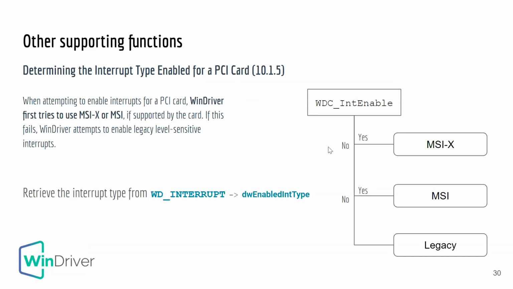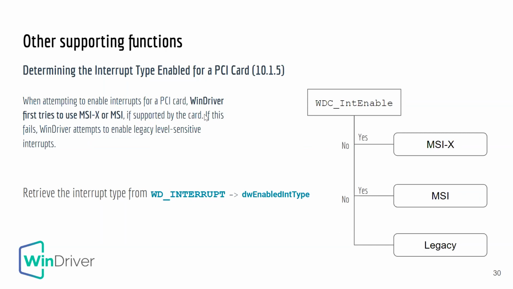So how does WinDriver know which interrupt type it should work with? WinDriver iterates between different types of interrupts. It first tries MSI-X, then MSI, and then legacy. If they are supported by the card, it stops iterating.